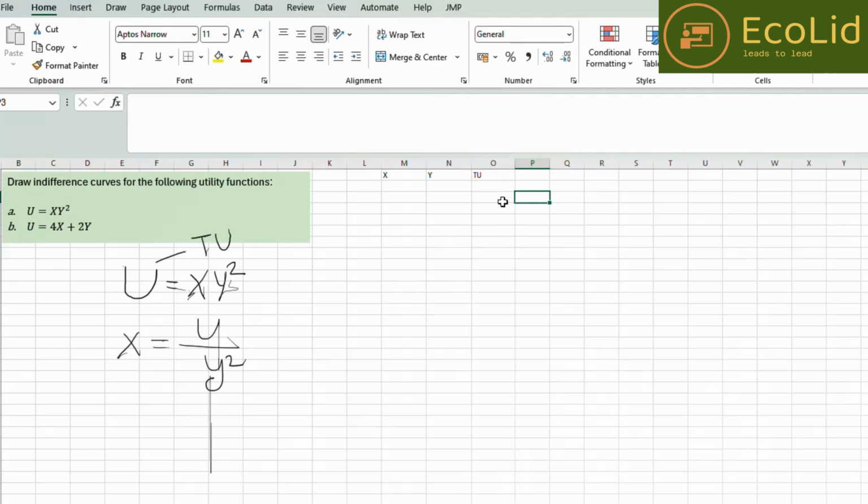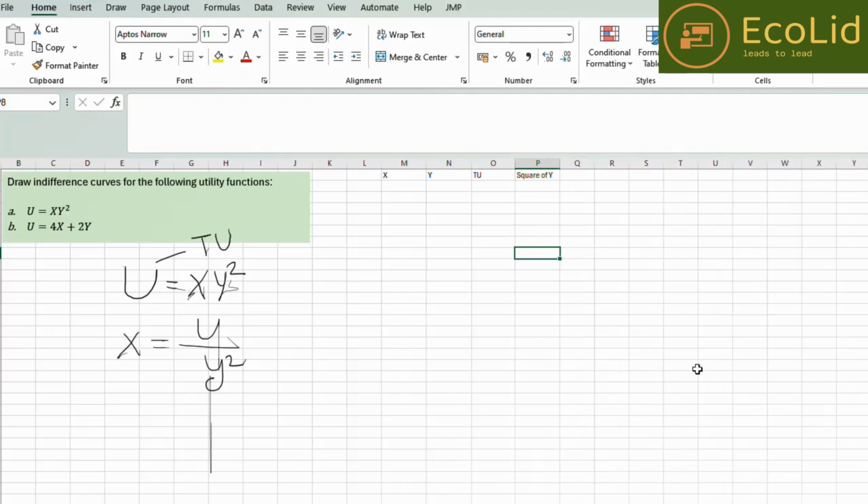Now if we need to generate the values of x here, then we need to know the value of y square as well. So for convenience, I will add one more column which I will name as square of y.